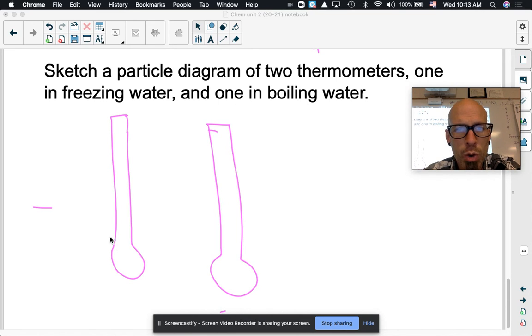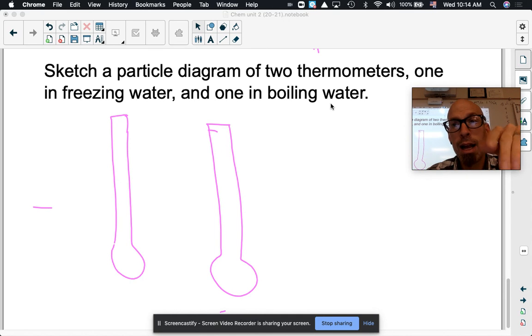And I want you to show either the alcohol or the mercury, whatever's in these thermometers, what that liquid would look like in the thermometer itself if it was in freezing water versus if it was in boiling water. How is that going to change the particle diagram if you draw the alcohol or mercury as particles in these thermometer pictures? How is the freezing one going to look different than the boiling one? So that's what I want you to do for the next class.